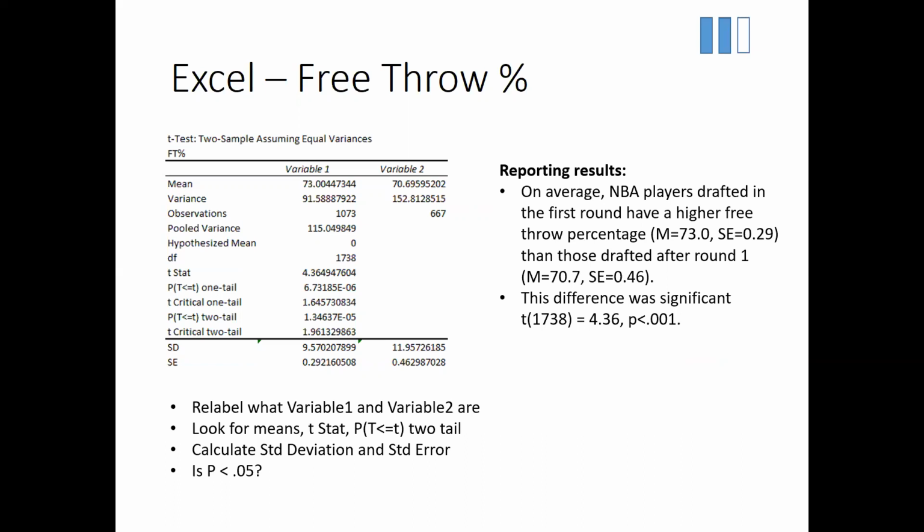But because this is more exploratory, we're looking at it, it could go either way, right? They could be higher or lower. And when that's the case, we use the two-tail test. Make sense?